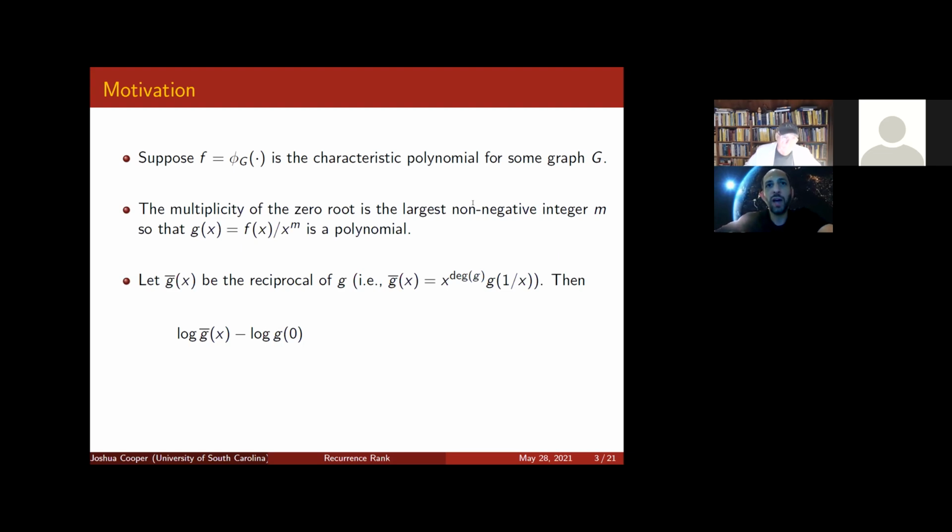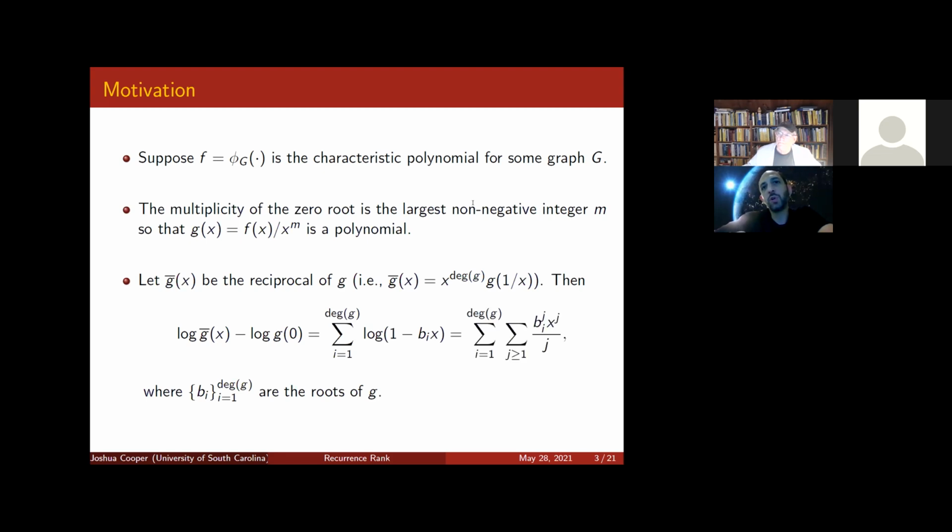Just to point out, if you take the log of this reciprocal polynomial, with a little technical hiccup that you have to subtract off the log of g of 0, which is the constant term, but that was the leading coefficient back when we were talking about f, that's a sum over, because we're taking the reciprocals of the roots, the log of 1 minus b_i x, where the b_i are the roots of g.